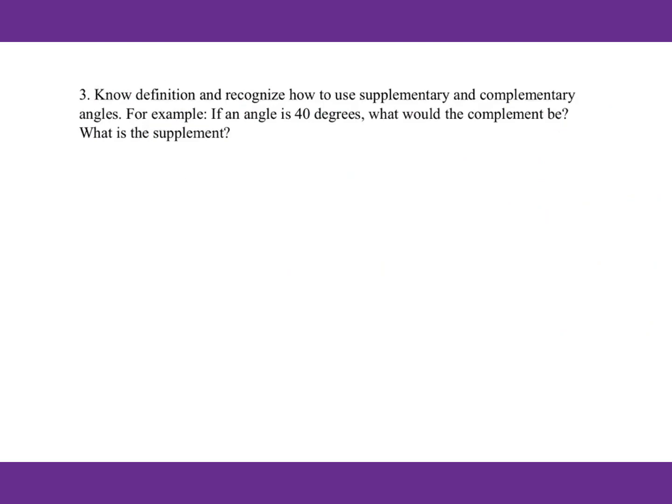For number 3, you have to know the definition of supplementary and complementary angles. Supplementary angles mean two angles added together equal 180 degrees. Complementary angles mean two angles added together equal 90 degrees.